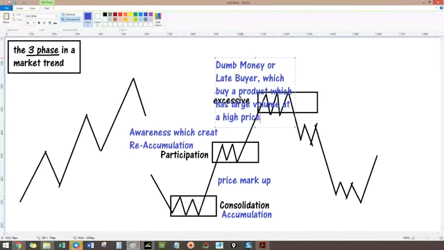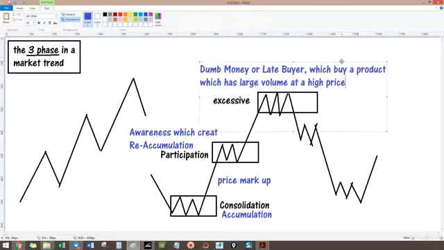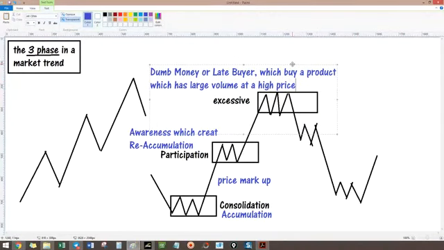This should not actually happen, but this is how they manipulate the market. So dumb money or late buyers buy a product which has large volume at a high price.